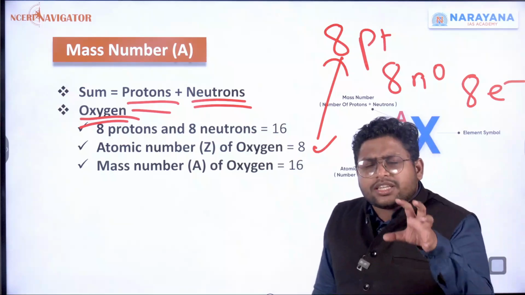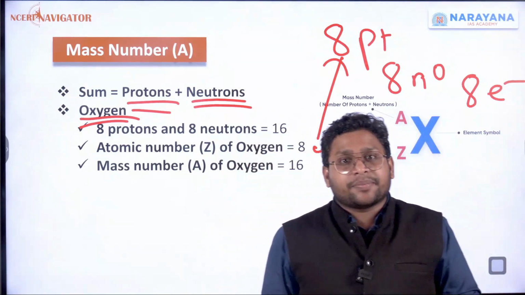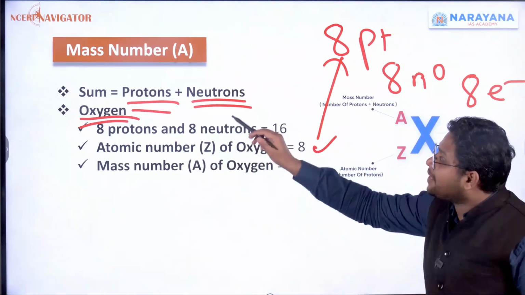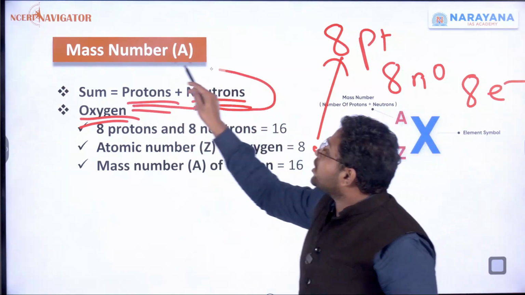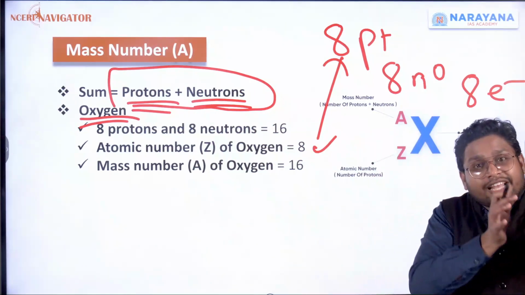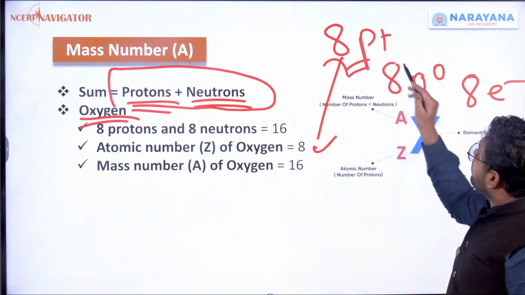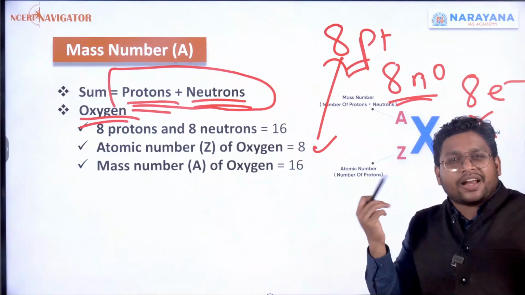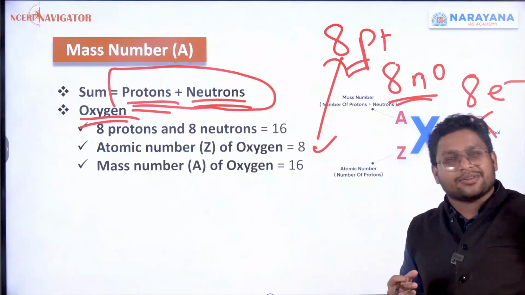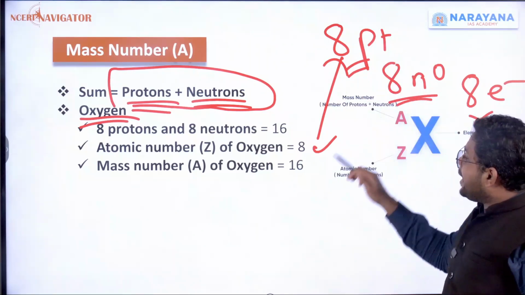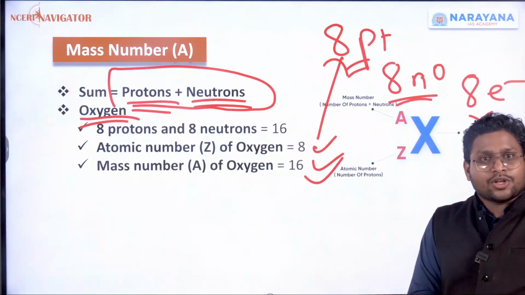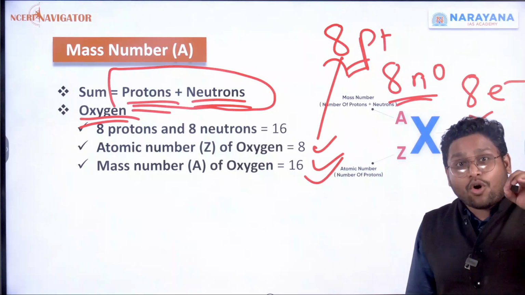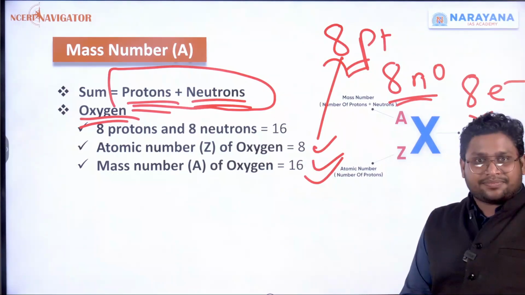But if I have to calculate the mass in the oxygen atom, the mass number will be represented by the entire nucleus, which includes protons as well as neutrons. So 8 protons, 8 neutrons. We will not consider electrons at all because the mass of an electron is negligible. So 8 plus 8, 16. So the mass number of oxygen is 16.